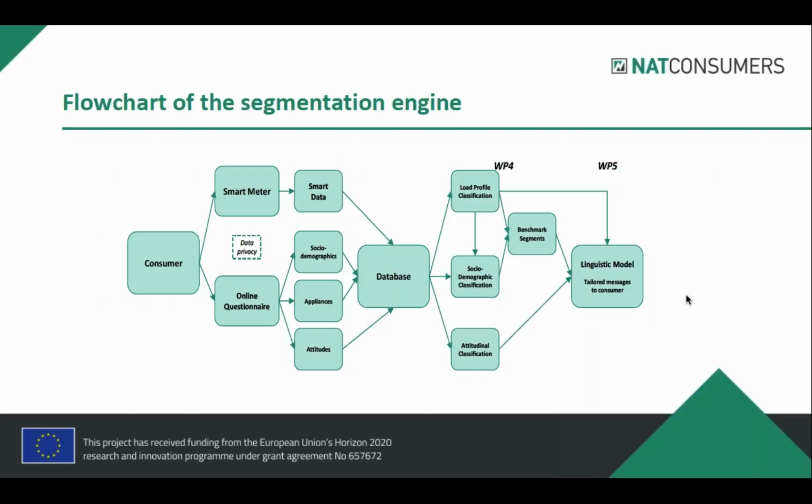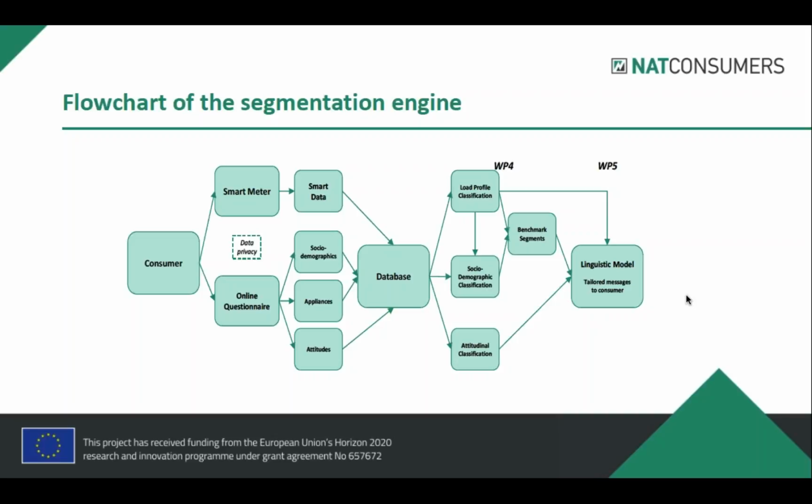For example, socio-demographic data. We know a lot about their appliances, and we know a lot about their attitudes. Based on these data sources, we can make a data bank, and from it we can do different types of segmentation.